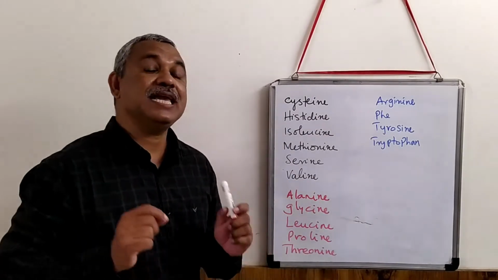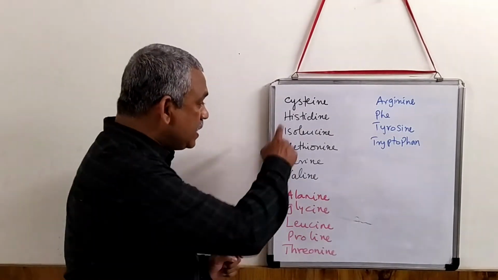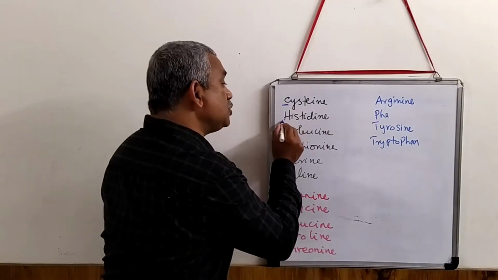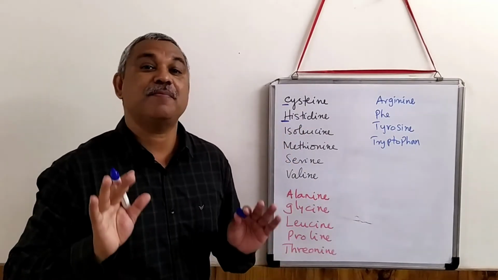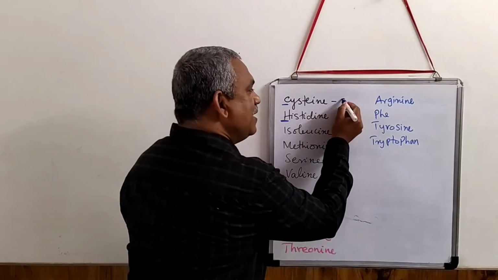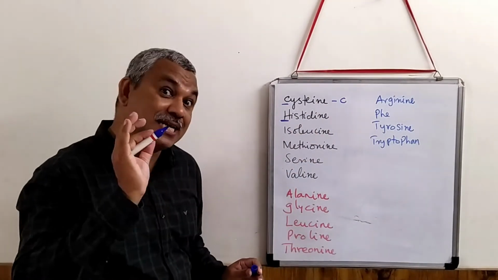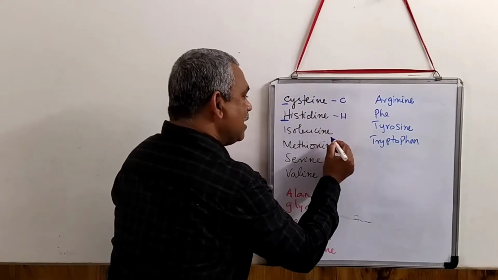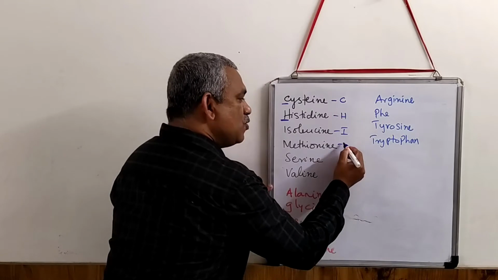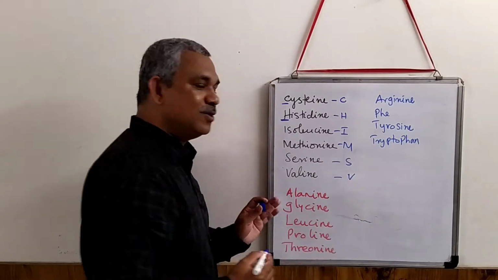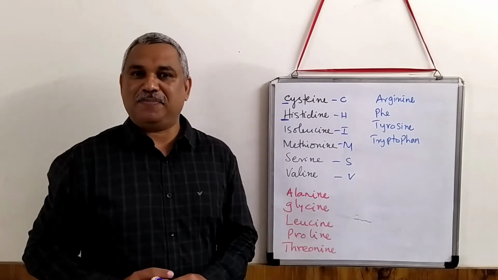Now what is written in black color? For these amino acids, the first letter is not at all repeated among the 20 amino acids. So therefore, these letters are given for those amino acids as single letter code: cysteine C, histidine H, isoleucine I, methionine M, serine S, valine V. So 6 amino acids are completed.